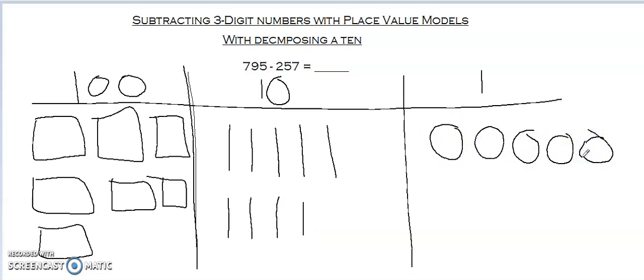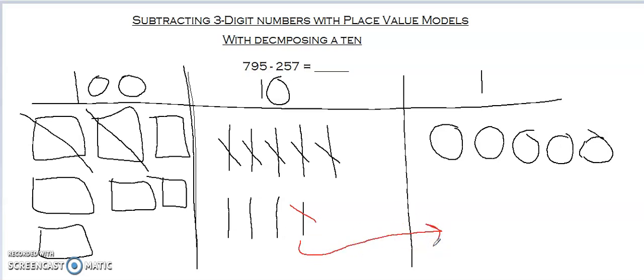Okay, so I'm going to subtract 257 by crossing out the blocks that represent 257. So there's a 2 in the hundreds place, I can cross that out. There is a 5 in the tens place, so I'll cross out 5 tens. And there's a 7 in the ones place. I see that I don't have 7 ones, so what I need to do is decompose a 10, which means I'm going to take it and break it apart.